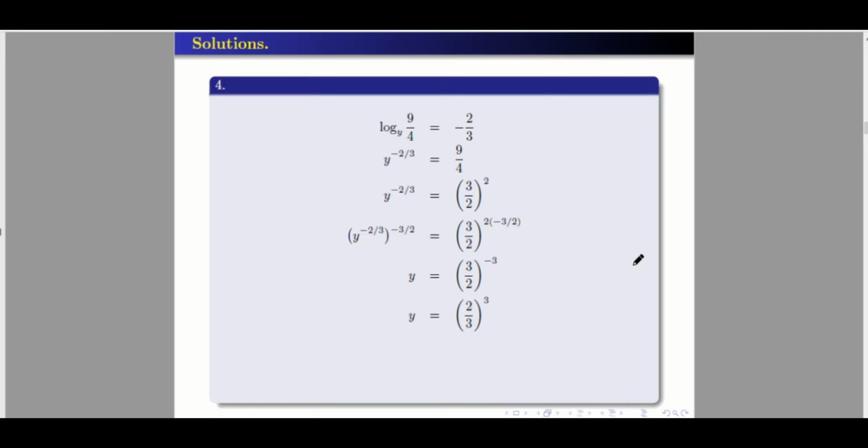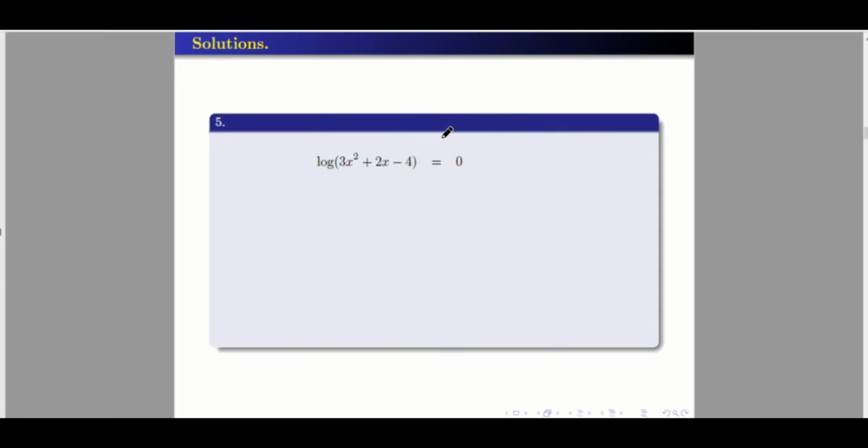By the laws of exponents, we have 2 cubed over 3 cubed, so we have 8 over 27. It is positive, therefore we can accept y equals 8 over 27. Take note, y is our base, so it must be positive. Number 5, we have this.